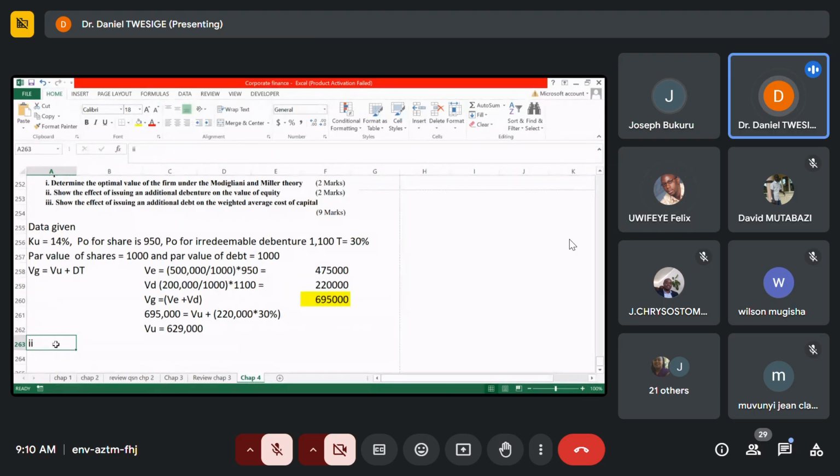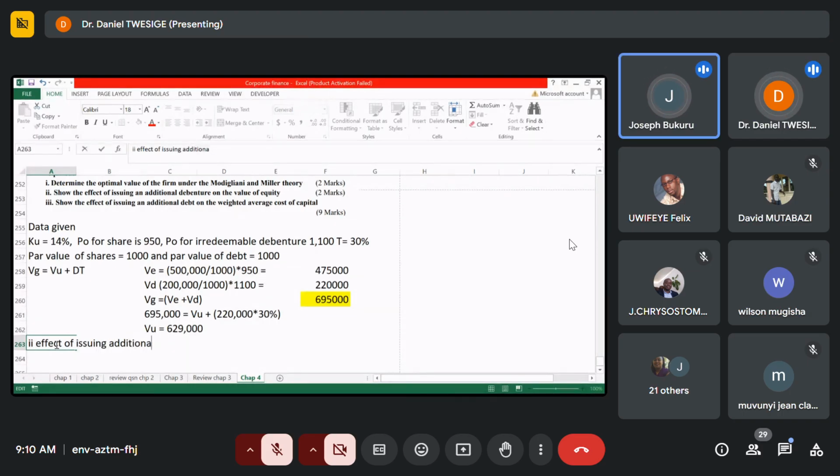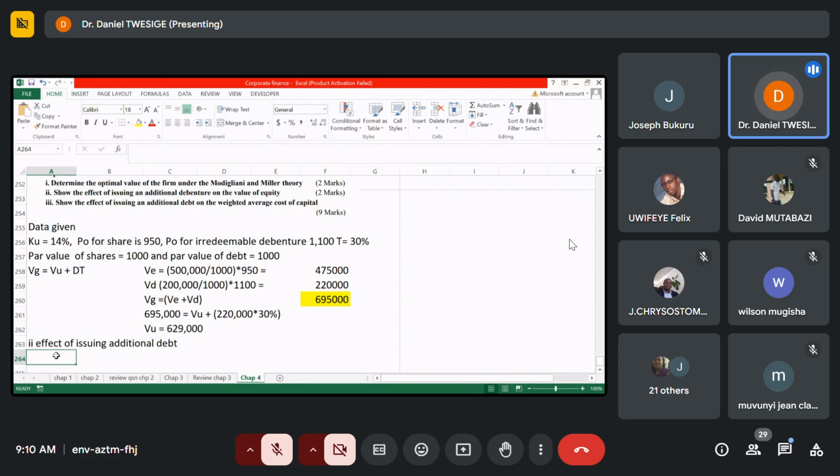So how are you going to get the effect of issuing additional debt? That's part 2. What is our additional debt? If I'm looking at the data, what do you have as additional debt?